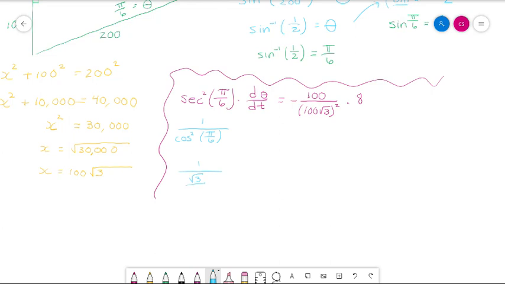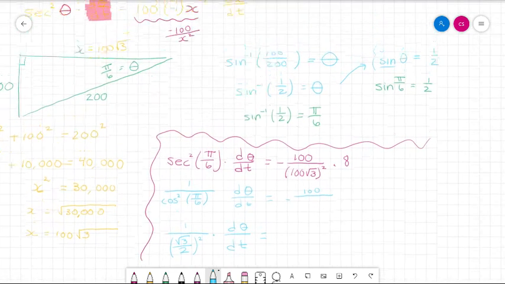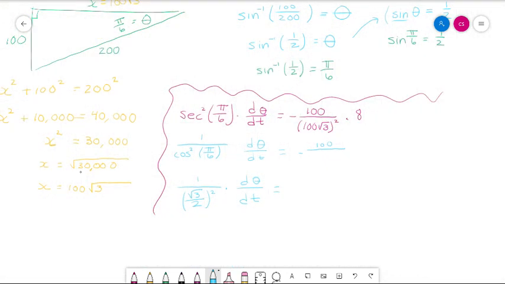It's root 3 over 2. And then since it's cosine squared, we're going to square that. Okay, so times d theta dt is equal to, all right, negative 100 over this squared. So we're actually just going to go right back to, here it is right here. It's just going to get us back to 30 grand. All right, so it's going to be 10,000 times 3. That's what that squared is.